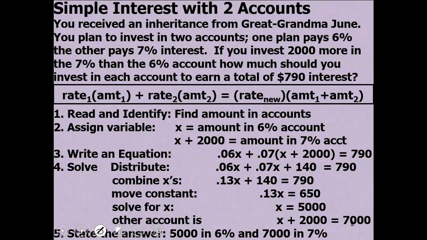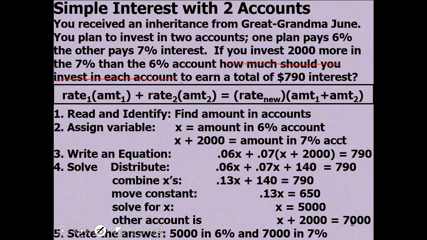If you invest $2,000 more in the 7% than the 6%, how much would you invest in each account to earn a total of $790? Lots of words, but not a difficult problem. What we're asked is how much should you invest in each account?